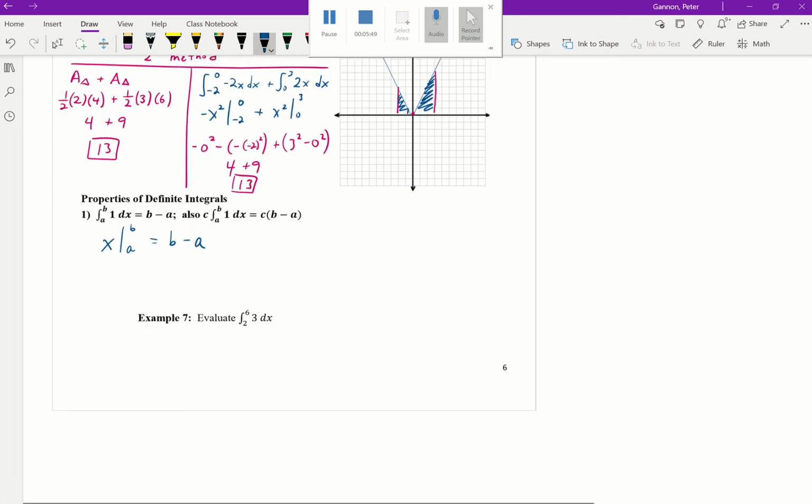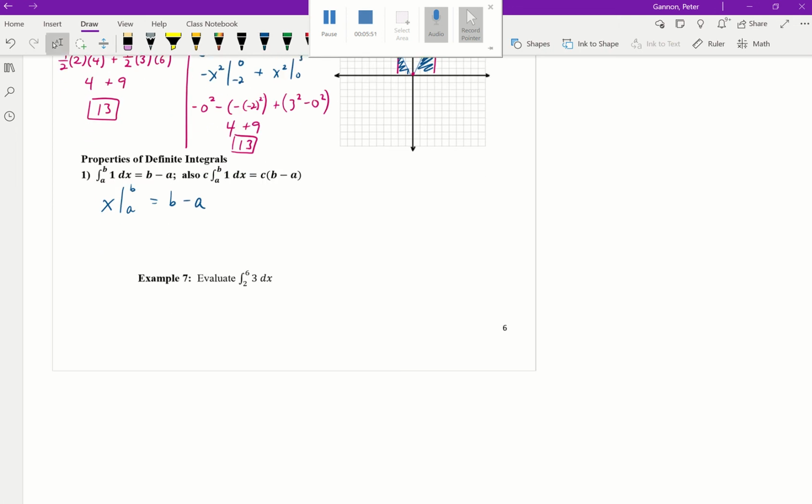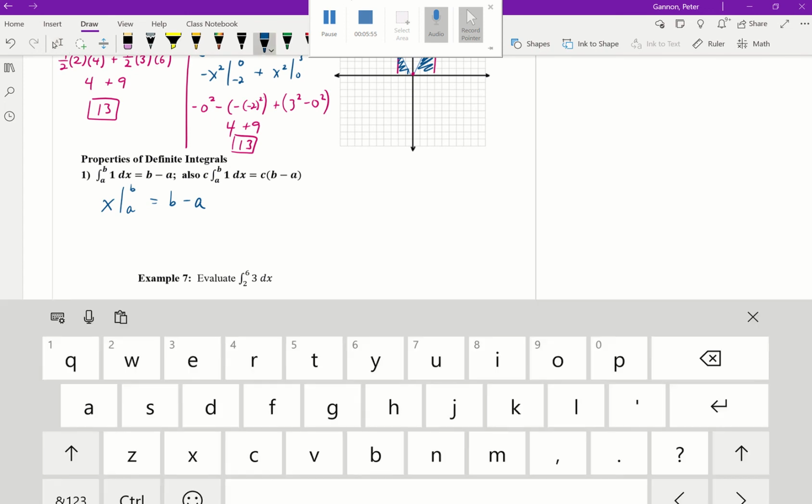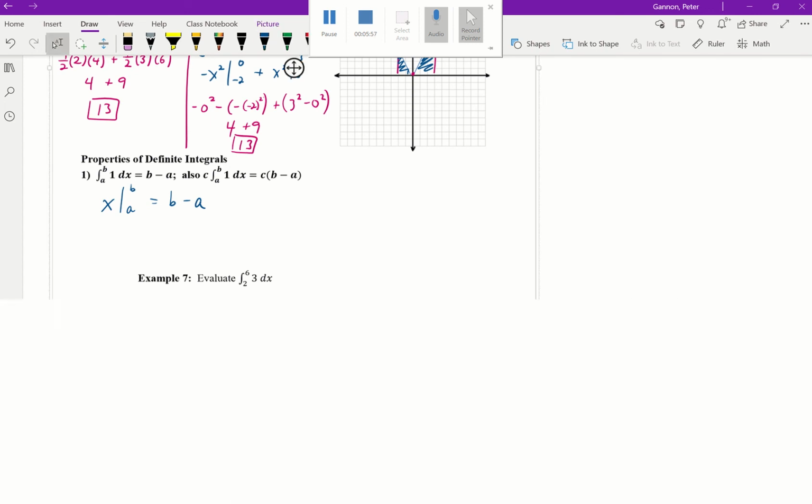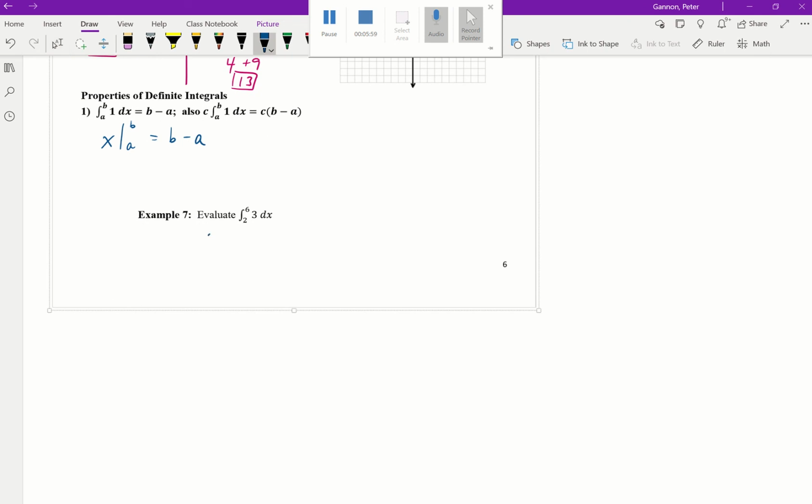So, again, if we applied that same property to this problem, 3 is not 1. So what we would do is think about this as 3 times the integral of 2 to 6 of 1 dx. And applying this rule, that's going to be 3 times 6 minus 2, which is 3 times 4, or 12.